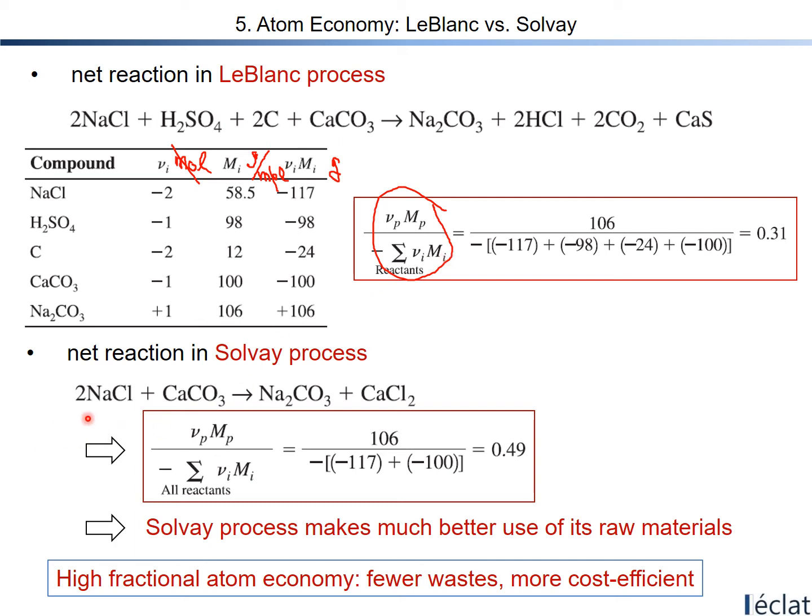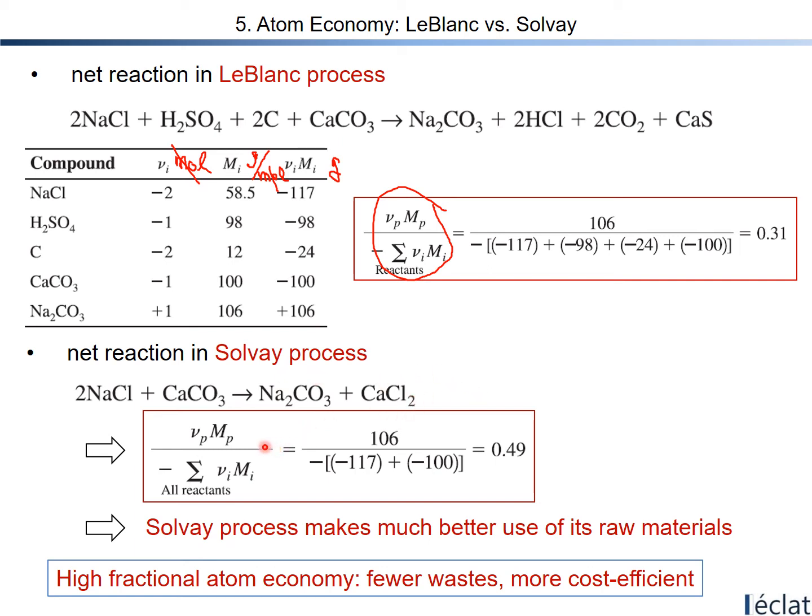After the process synthesis, we have simplified the Solvay process, and this is the overall chemical equation. Sodium chloride and calcium carbonate, only two things are used as the raw materials, and the final product is sodium carbonate and then calcium chloride as the byproduct.